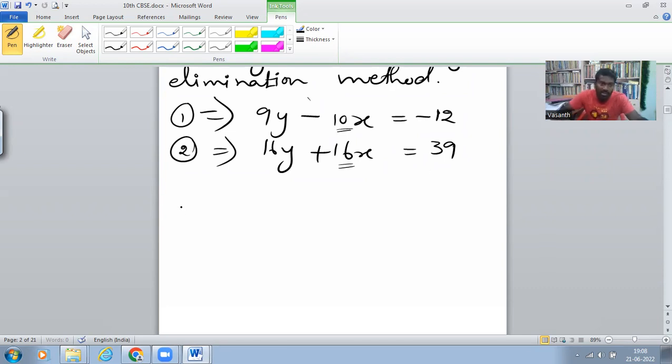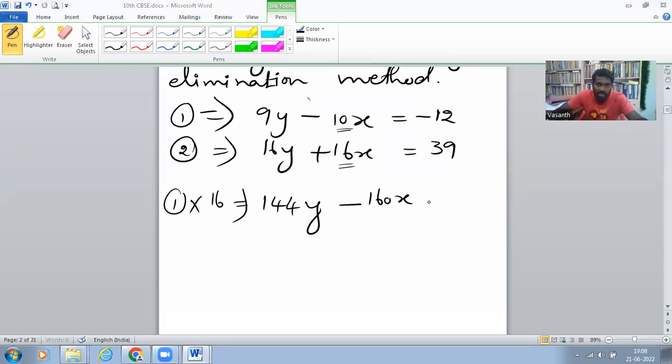So what we'll get is equation number 1 into 16, which implies 16 into 9y. 16 into 9 is 144, so it is 144y minus 16 into 10 is 160x, which is equal to 16 into minus 12.